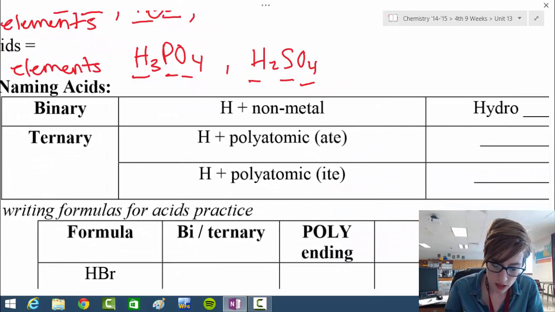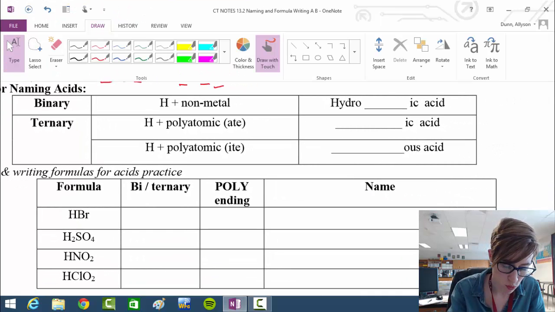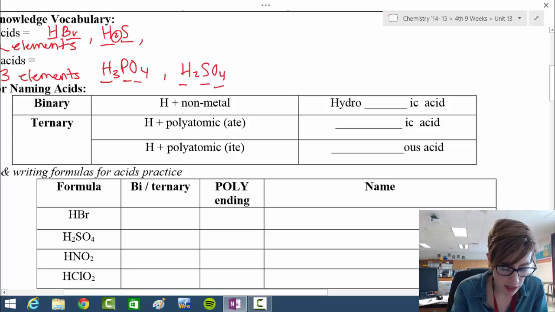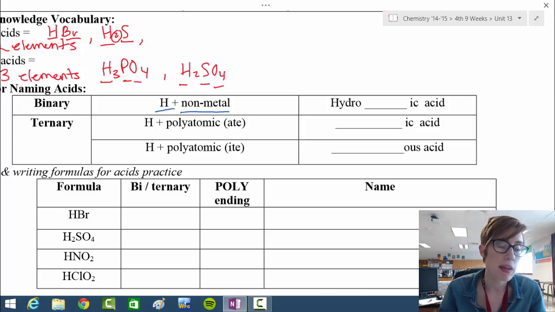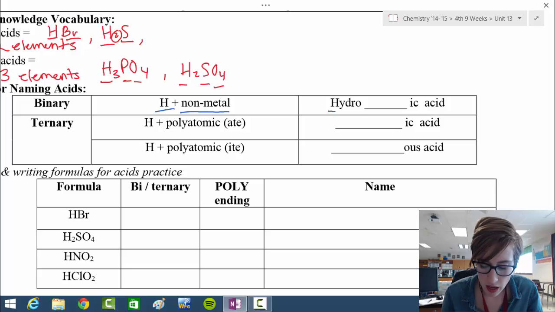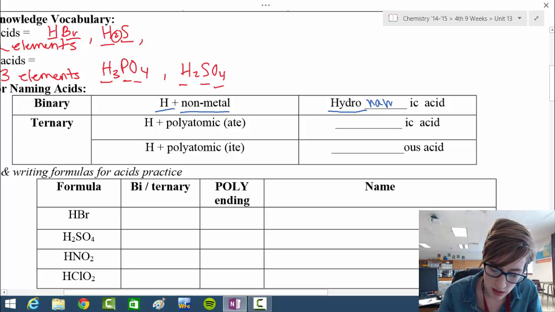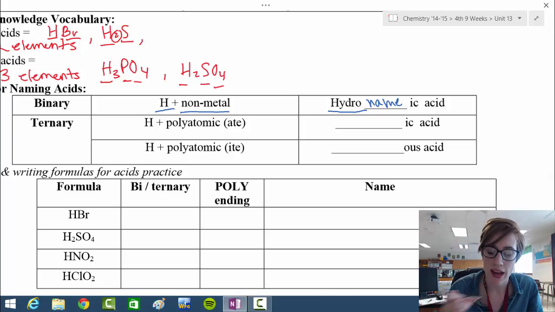Here's my basic rule. This is my little table that talks about the rules. If you have a binary acid, so if you have H and something else, that something else will always be a nonmetal. The way you name it is, before you write anything else, you write hydro, and then you put the name of the element, just the name of the element on the periodic table, and then you add ic acid.